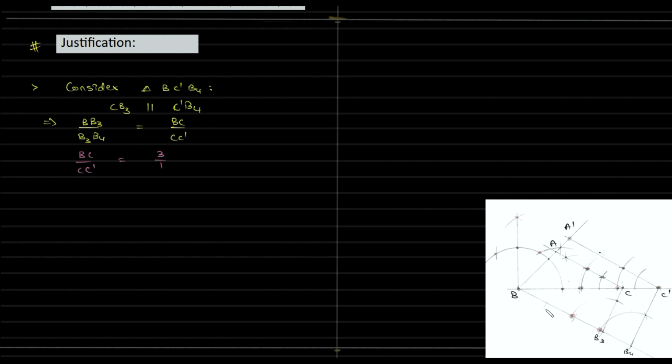Again, look at the diagram. This is of length 3 and this is of length 1. If each of this length is x, so this is 3x, that's 1x, and so the ratio is 3:1. And what else we have to do? We need to take reciprocal, which will give CC dash by BC to be equal to 1 by 3. And the next step is to add 1 both sides.